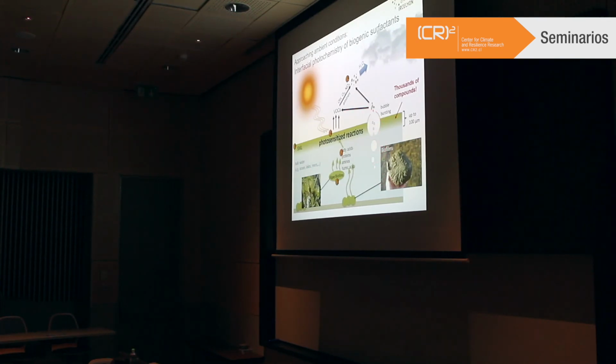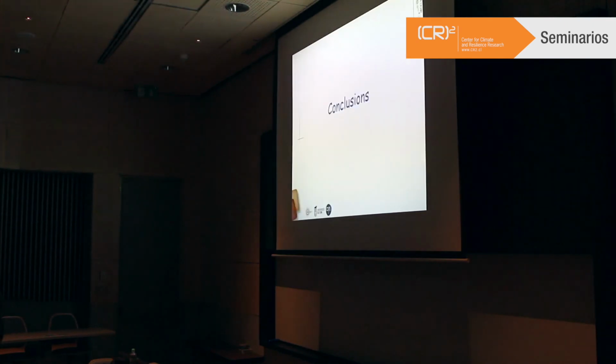What I'm showing here is really happening at low wind speed where you have stable conditions, while bubble bursting is more efficient when you have waves. And these processes require time to get this material on the surface and could explain the time delay that has been observed between blooming and actual VOC emissions.